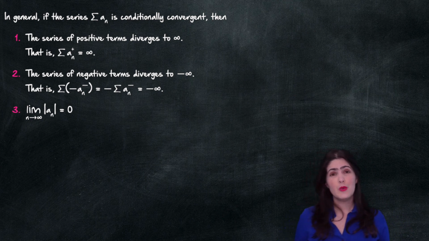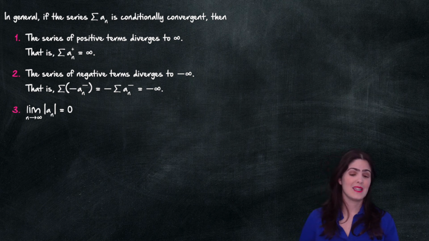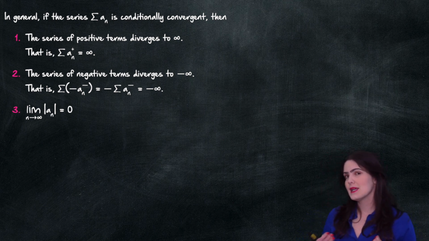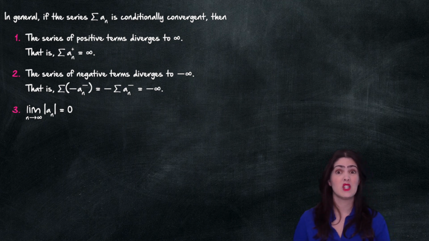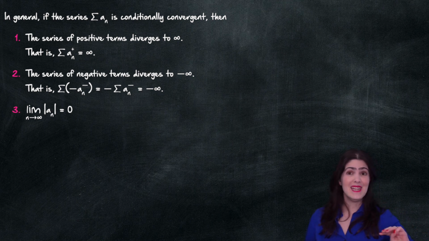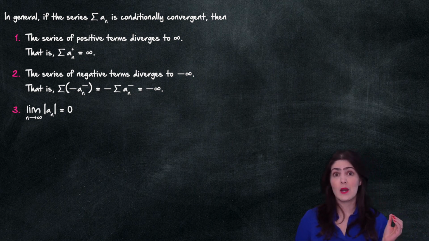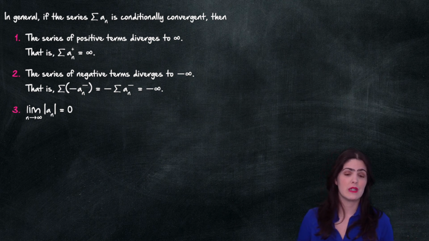So the negative of the a_n minus is going to negative infinity, and the limit as n approaches infinity of the absolute value of the terms of my sequence is equal to 0. If I have these three properties, then I can do the exact same reasoning that we did before to show the same result now for any conditionally convergent series.